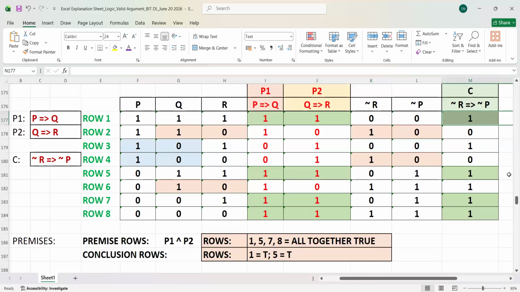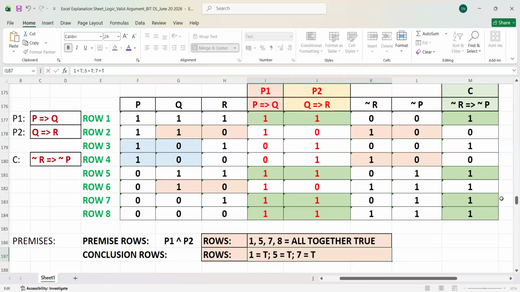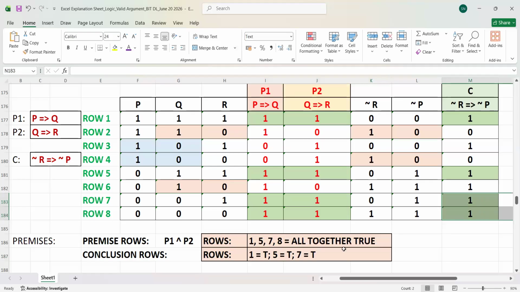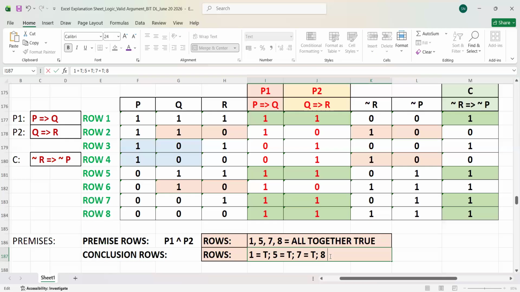It's true. Row 5, I've highlighted it in green. It's also true. Then you go to row 7. Is row 7 true? Again, row 7 is also true. And then row 8 is also true. Now, if in doing this, one of the values happens to be false, then our statement will not be valid. Exactly.